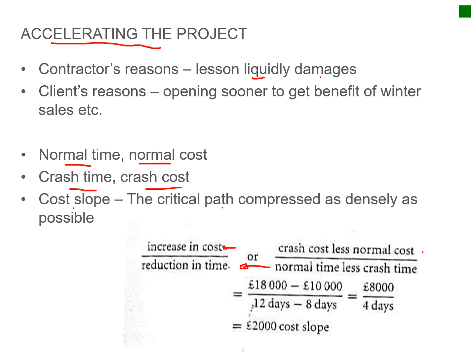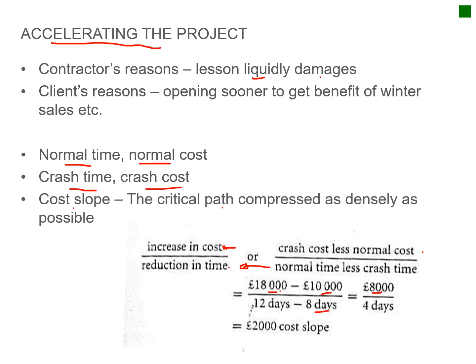Okay, so basically if the project had a normal cost of £10,000, and if you accelerate it you have £18,000, which is the crash cost. So your cost slope is then 8,000 divided by the difference in time that you made up.